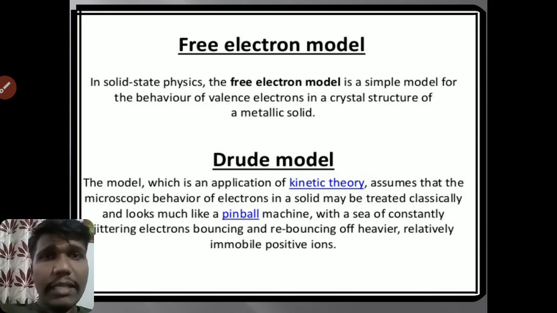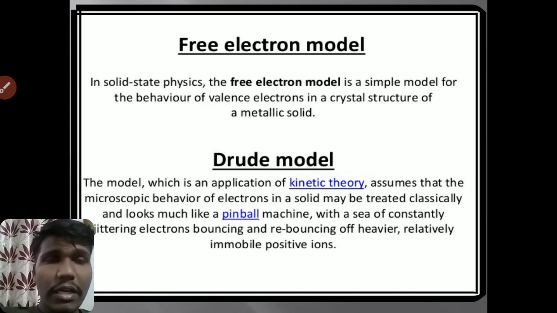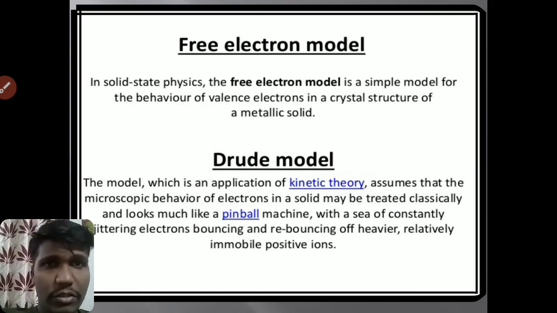What he says is that the model is an application of kinetic theory and assumes that the microscopic behavior of electrons in a solid may be treated classically, and looks much like a pinball machine, with a sea of constantly jittering electrons bouncing and rebouncing off relatively immobile ions.